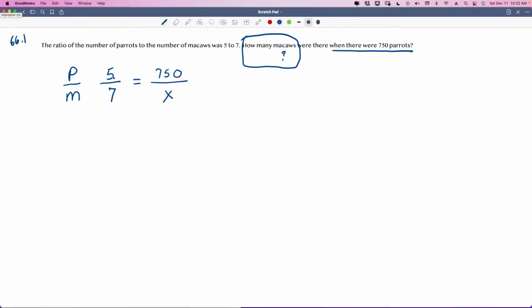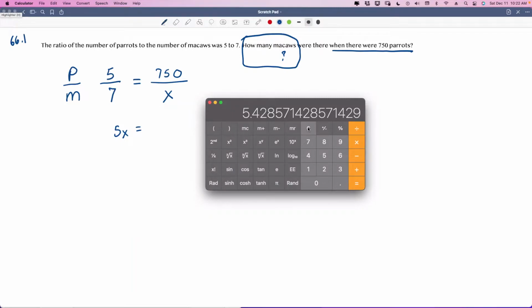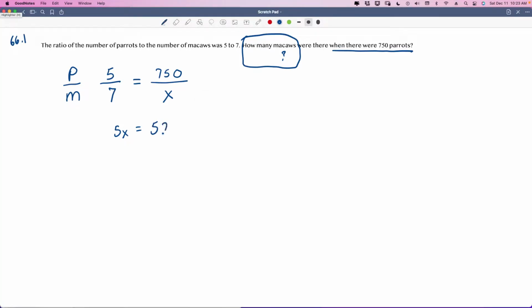Cross multiply. 5 times x, that's 5x. And I cannot do 7 times 750 in my head, so I'm going to use a calculator. 7 times 750 is 5,250. Whoa. So 5,250.